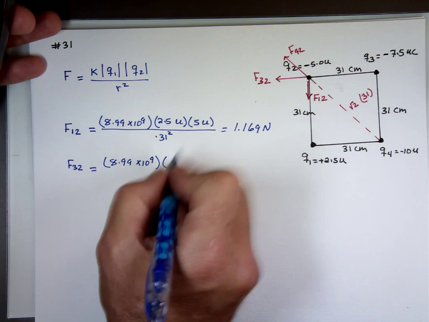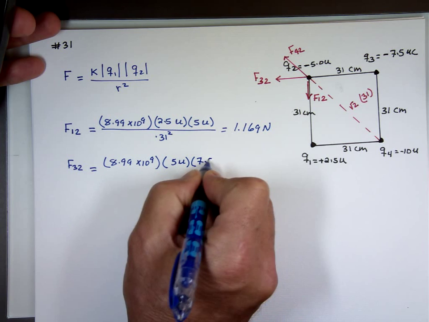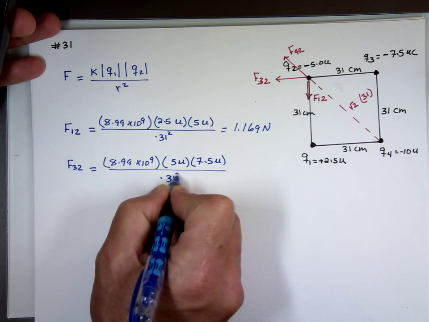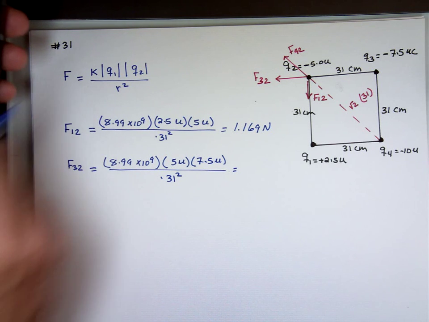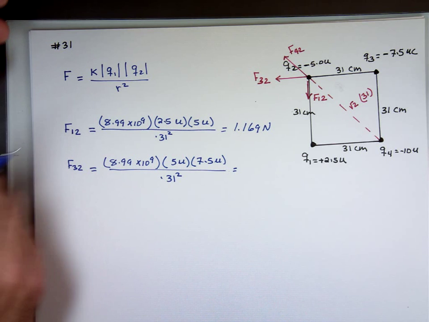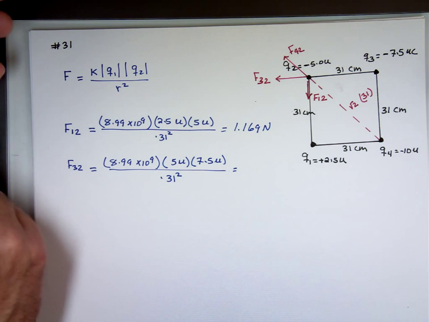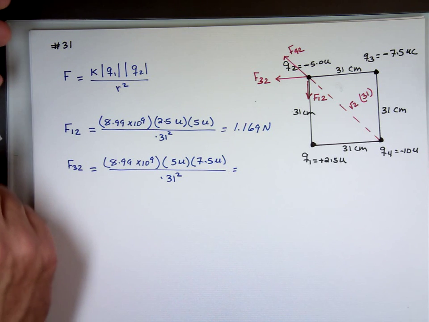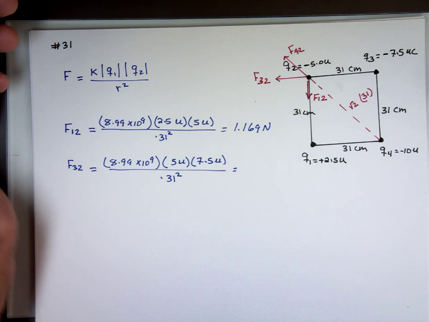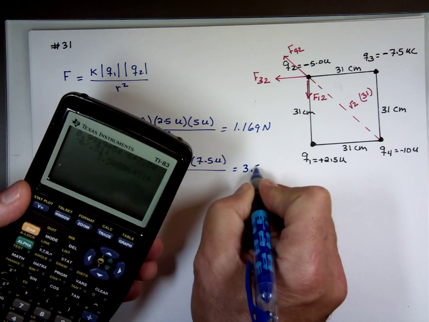That's 5 micro, 7.5 micro, over 0.31 squared. And again, for this I got 3.508 Newton.